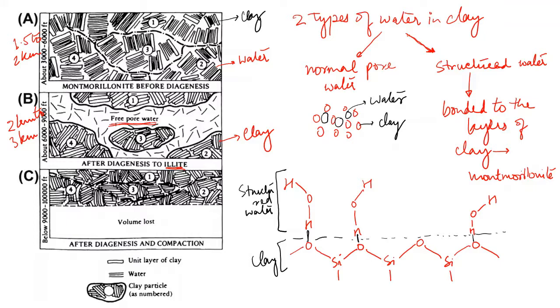After diagenesis and compaction, beyond 3 kilometers, you can see that a lot of compaction has occurred, and how much volume is lost.